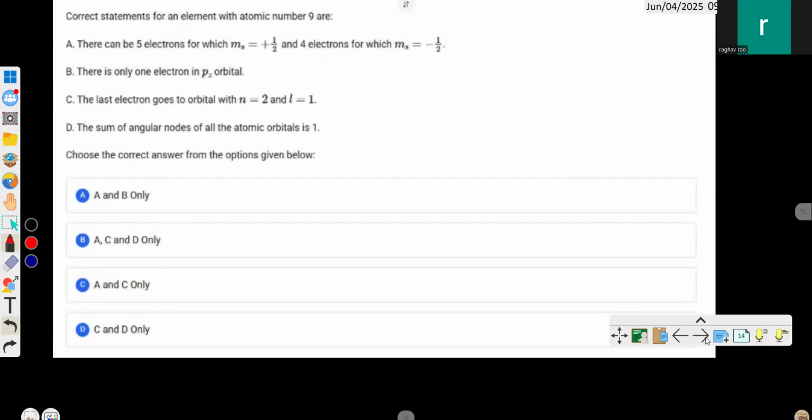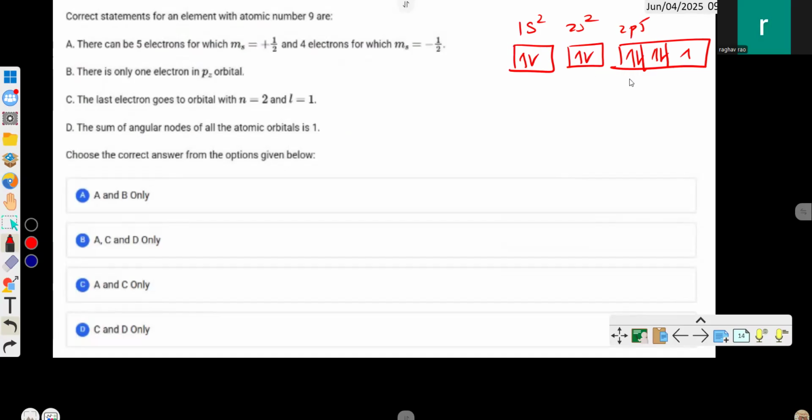Next, there can be 5 electrons for which ms is... yes. So the atomic number 9 is 1s2, 2s2, 2p5. If I take 1s2, it will be 2 electrons, 2s2 will be 2 electrons, and 2p5 will be 1, 2, 3, 4 and 5 electrons.